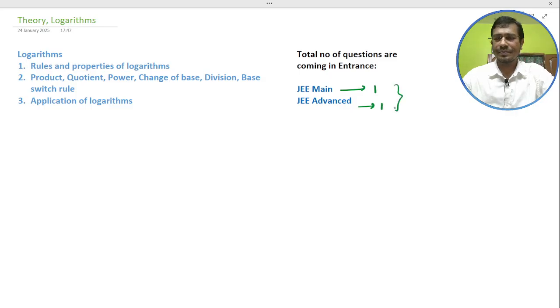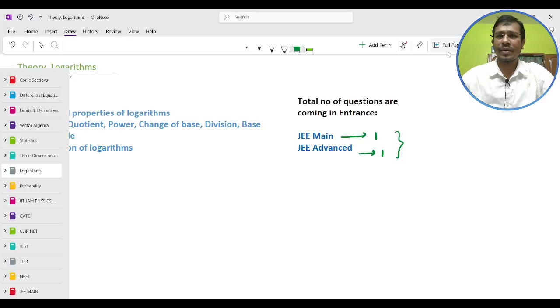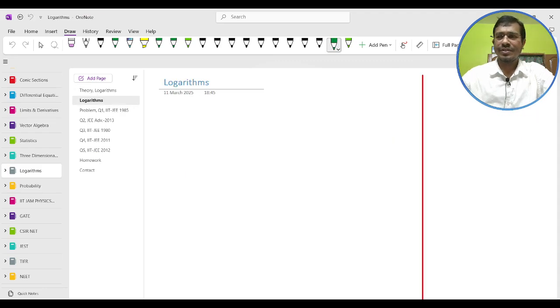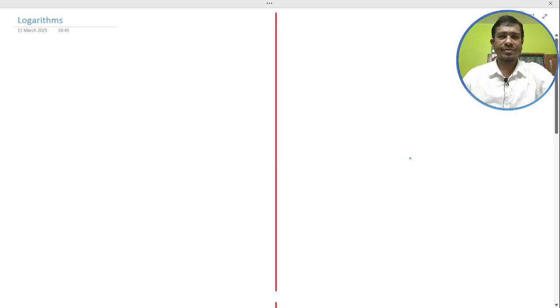So let's get started. Formally, questions do not come directly from this chapter in JEE Main, but it is very useful to solve mathematics and physics for JEE Main and Advanced.